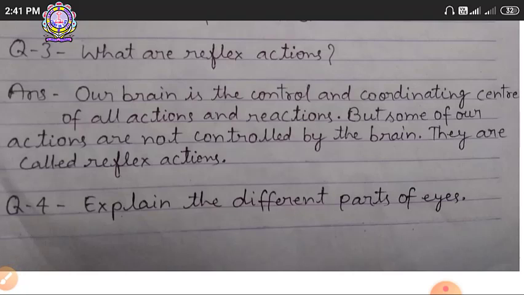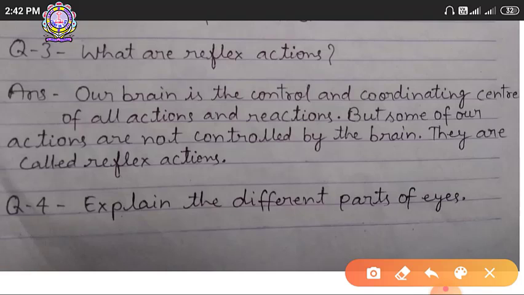Our brain is the control center and coordinating center of all actions and reactions. Means it controls all the activities of our body, but some of our actions are not controlled by the brain. They are called reflex actions. Such as sneezing. When you sneeze, you can't control it. So you can also write the example.